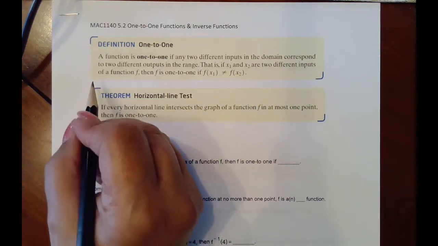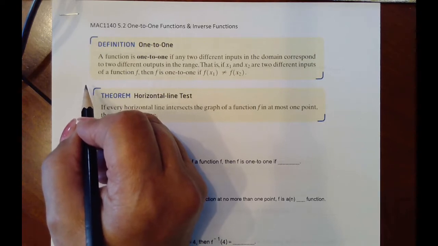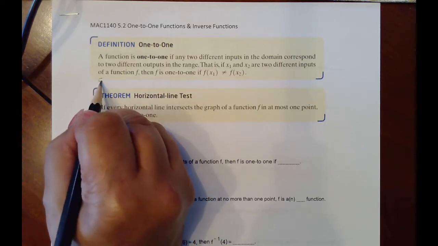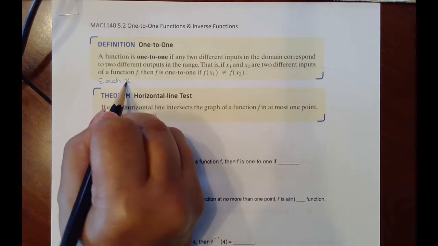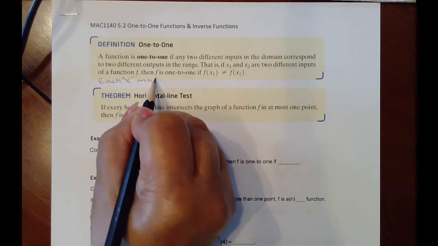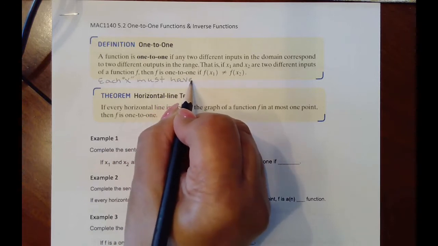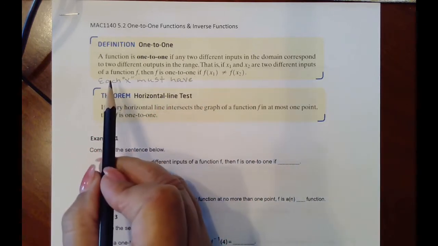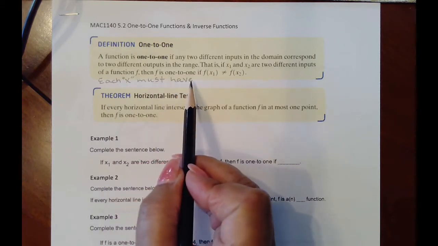So here's another way to say that, and then I'm going to tell you what the easiest way is to check whether a function is one-to-one. Restated, each x must have a unique y partner. In other words, each x can be associated with one and only one y partner.